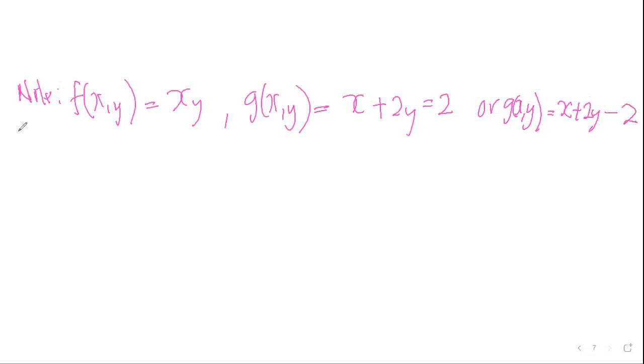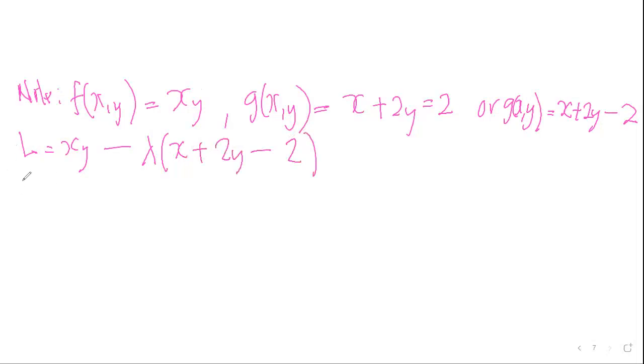Therefore, we're going to get the Lagrangian composite function as xy minus lambda, let's undo, xy minus lambda times (x plus 2y minus 2). I hope we're following.